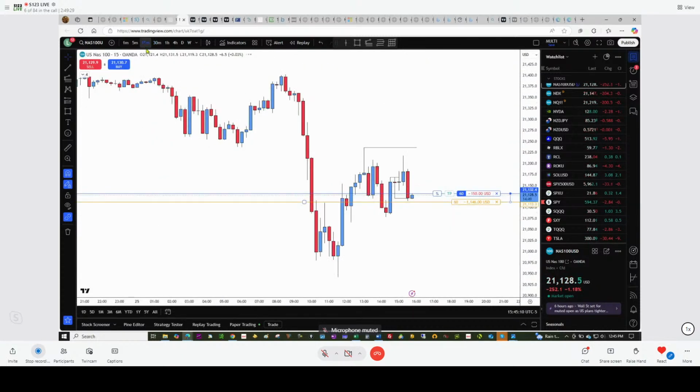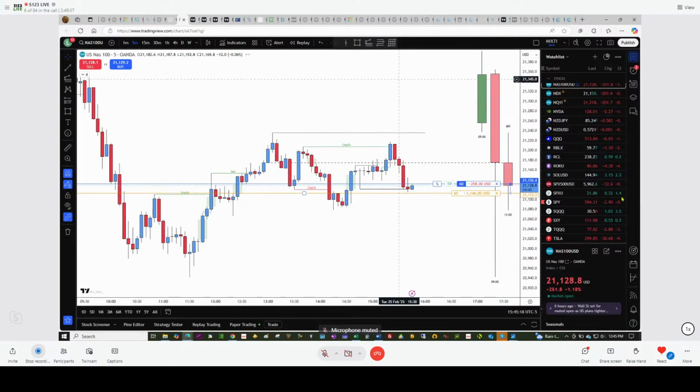Well, its direction is down from what I'm seeing on the NAS. There's been a lot of consolidation right now, so that's where it gets tricky. I'm not liking this so much anymore. It's looking more like they want to drop it down. I'm afraid. Not that afraid, but I'm afraid.